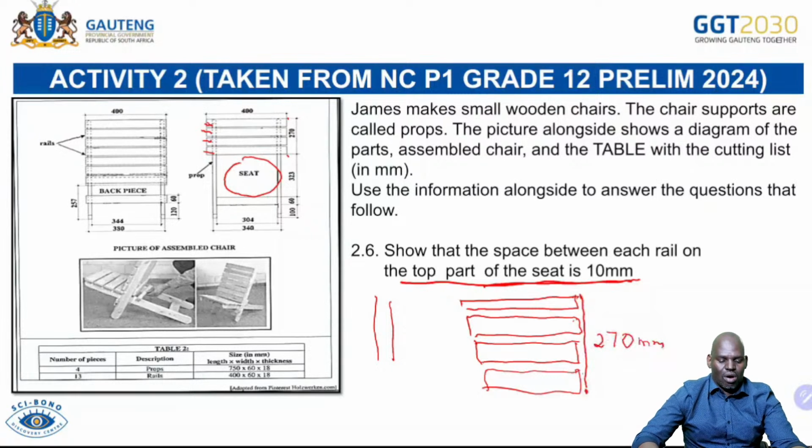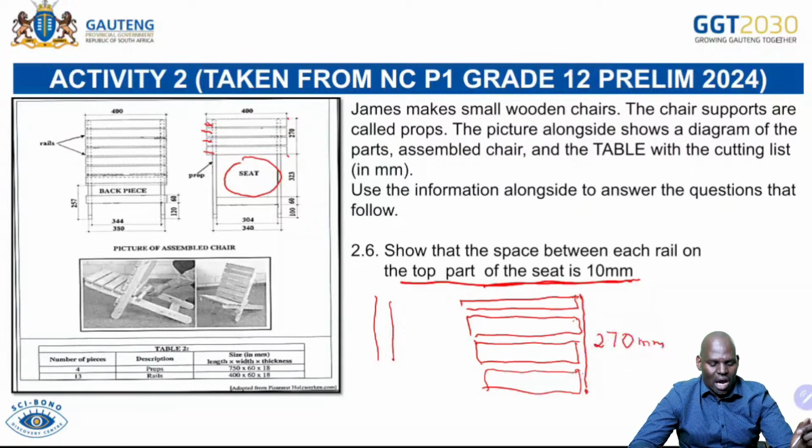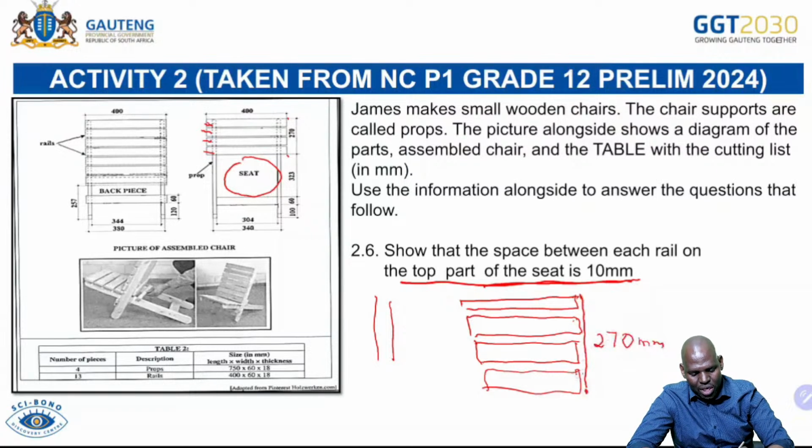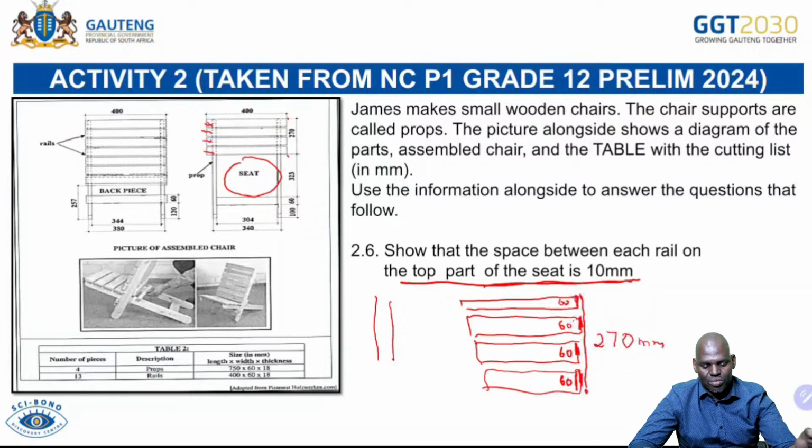millimeters. Okay, but what did we say about the thickness, or sorry, the width? We all know that the width is 60. So this width is 60, this width is 60, this width is 60.